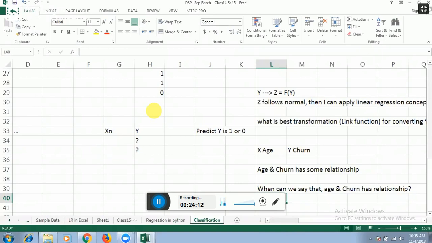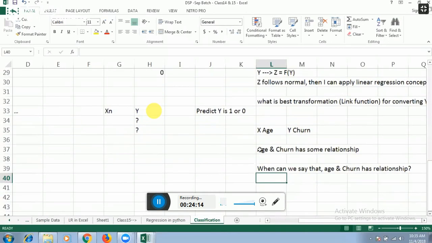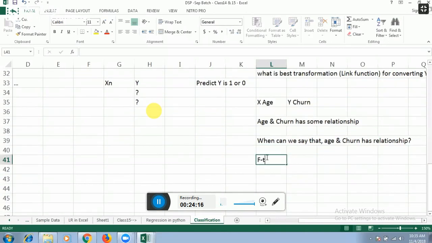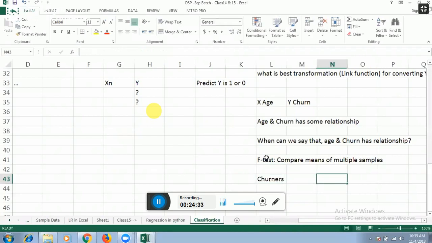If you remember, the F test or a T test will help me to compare means of multiple samples. What do I mean by multiple samples? For example, if I take churners and non-churners, these are two samples. For churners, I have 50 customers, and for non-churners, I have 150 customers.